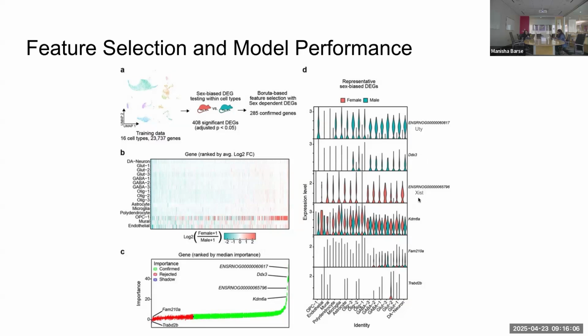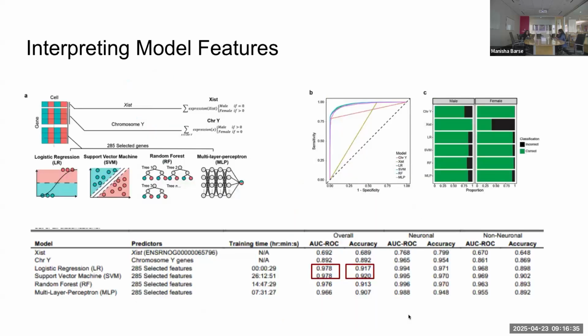So PY and XIST, XIST is basically associated with chromosome X, and you will hear this a lot in the later presentation. These show the expression levels of these 6 genes corresponding to these 16 cell types.